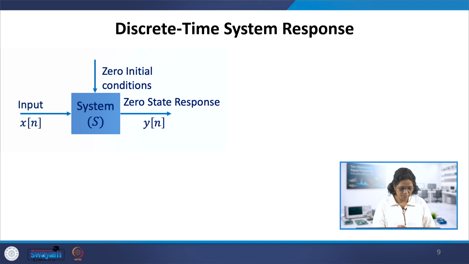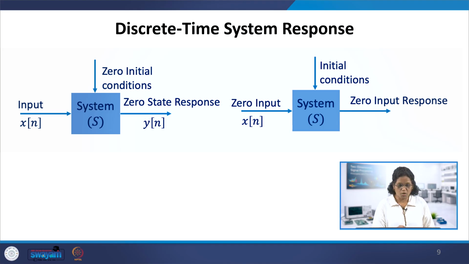When we say zero initial conditions, only the input is applied, and we look at what the response is. The other category is zero input: there is no input applied, and the response is due to only the initial conditions. So we call the first the zero state response, in which only the input is applied and all initial conditions are zero.